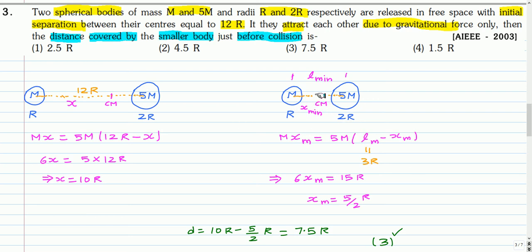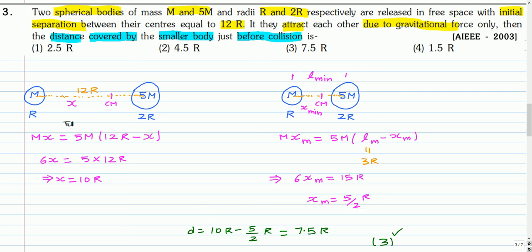and when it attains this minimum distance, again m into x minimum should be equal to 5m into L minimum minus x minimum. The minimum distance between these two will happen when the two bodies touch each other. So the minimum separation between them will be the sum of radii, that is r plus 2r. So L minimum is 3r. If you use this value for L minimum, we get x minimum as 5 by 2 r, that is 2.5r.